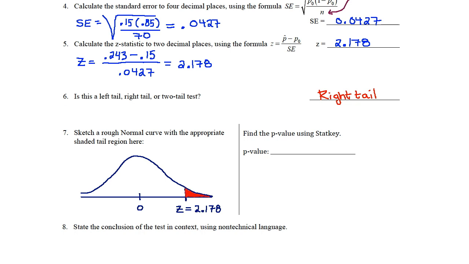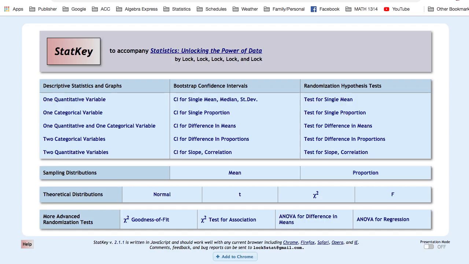And now to find that p-value, I'm going to go into StatKey. I can tell that it's a fairly small p-value, but not very small. We may get statistical significance out of this. Now remember that in StatKey we're working with theoretical distributions, and in particular a normal distribution. So I'm going to theoretical distributions, normal.